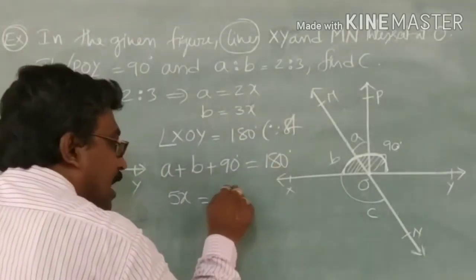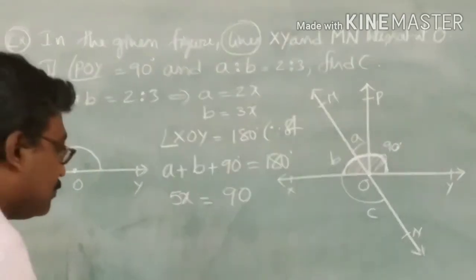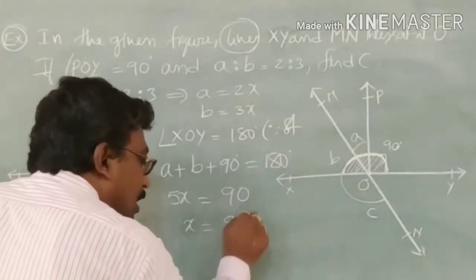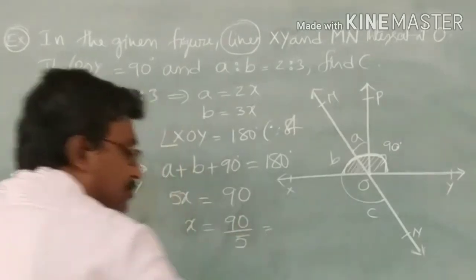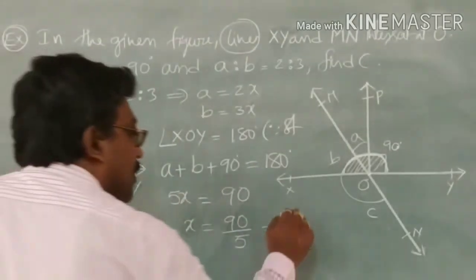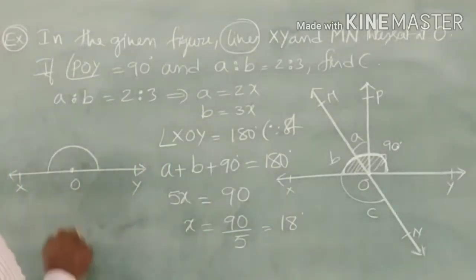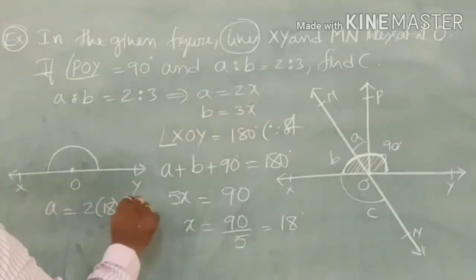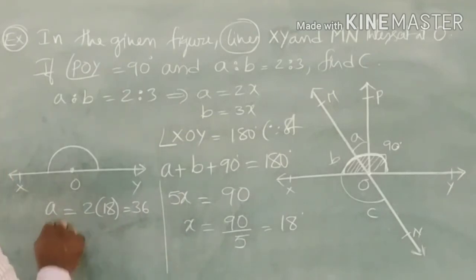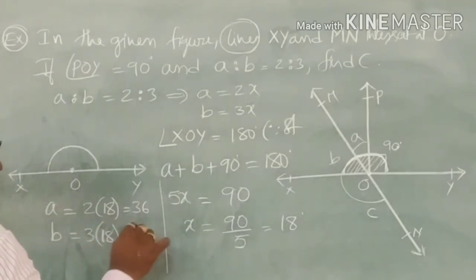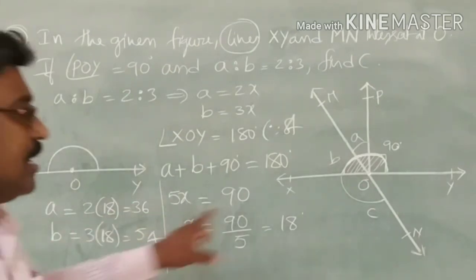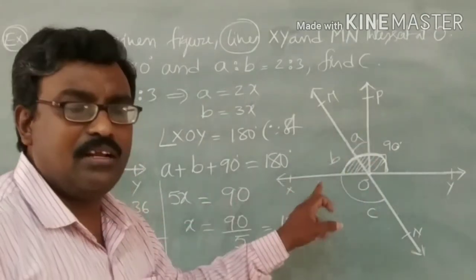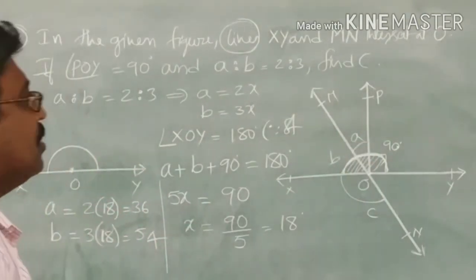Plus 90, go to that side, minus 90. X is equal to 90 by 5. Okay, 90 by 5 is 18. So A is equal to 2x, 2 into 18, 36 degrees. B is equal to 3 into 18, that is 54 degrees. Okay, add 36 and 54, 90. If it is 90, then automatically the other two are 90.